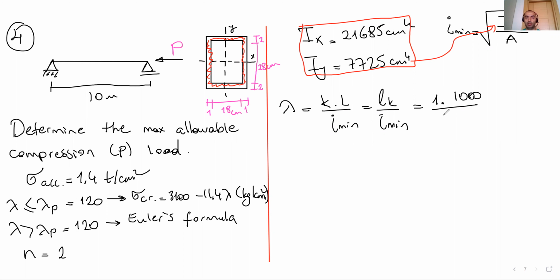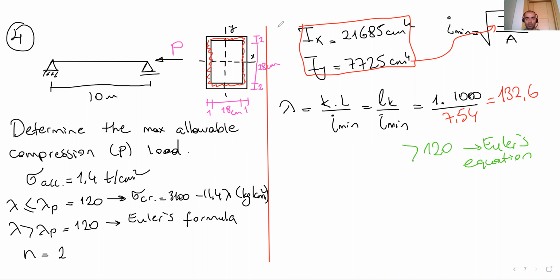I'm gonna write i min here directly. You can calculate it. What is it in my paper? Yes, it's this. So here the result is 132. So when we go here, it's greater than 20, so Euler's equation is used.